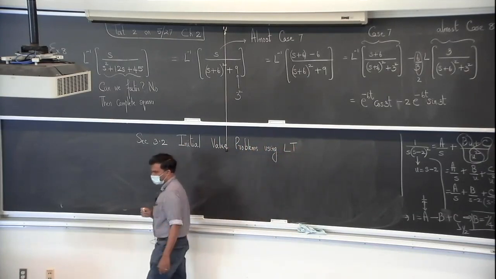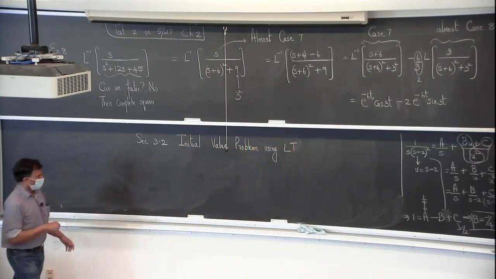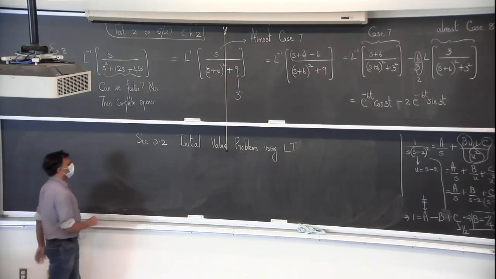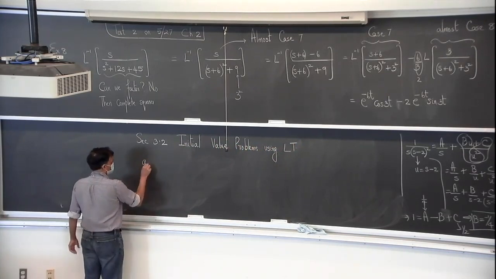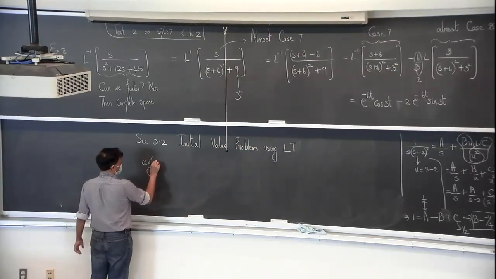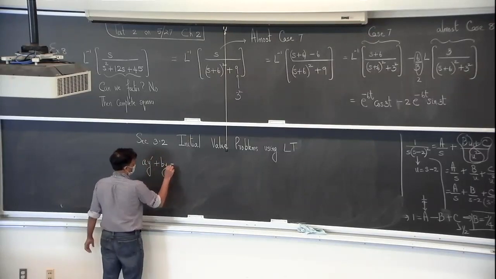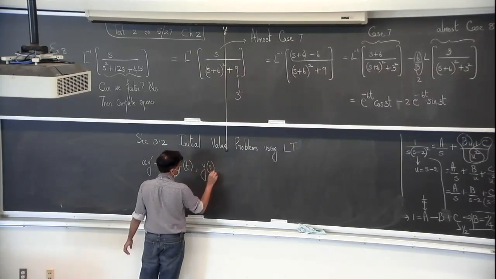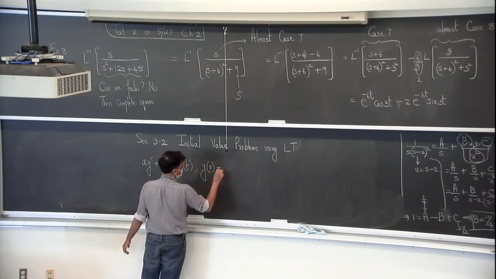So we'll mostly do first and second order cases. And once again, at this point, you could have done these using chapters 1 and 2. Okay. But we are just trying to learn a new technique here. So the first order would look like this: a y prime plus b y equal to f of t, where y of 0 equal to some value, y1.